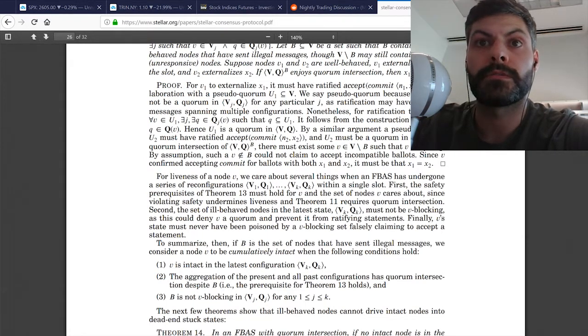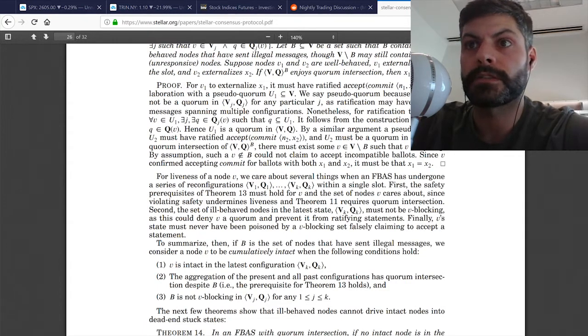Second, the set of ill-behaved nodes in the latest state in the tuple VKQK must not be V-blocking, as this could deny V a quorum and prevent it from ratifying statements. Finally, V's state must never have been poisoned by a V-blocking set falsely claiming to accept a statement.